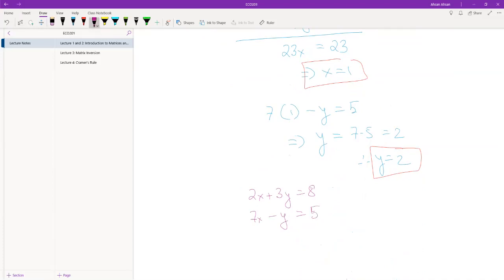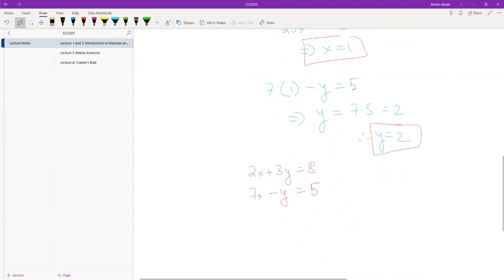The thing to notice about this is that whenever you're trying to solve a system of equations, you need to always ask these two things: what is the number of equations, and what is the number of variables? The number of equations in this case is 2. Number of variables, we have x and y, so 2. So we say that this is a 2 by 2 system.